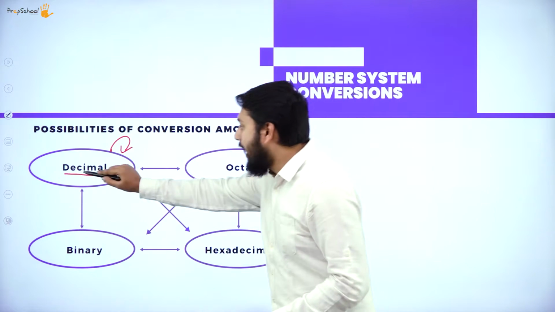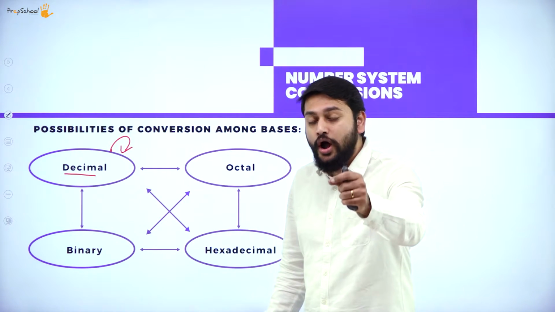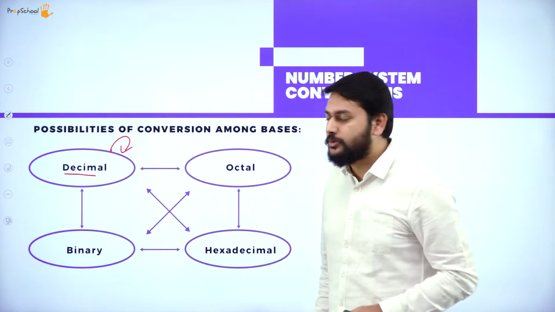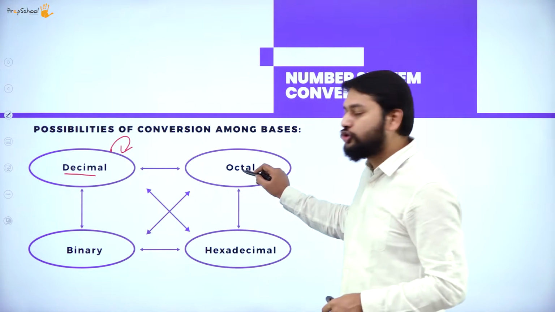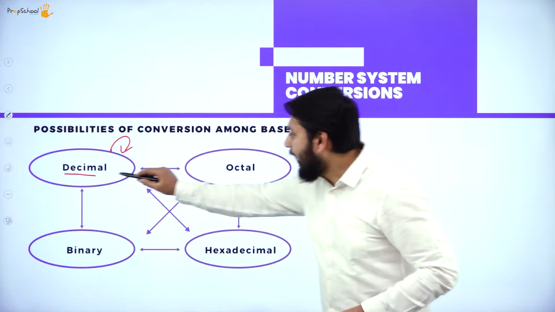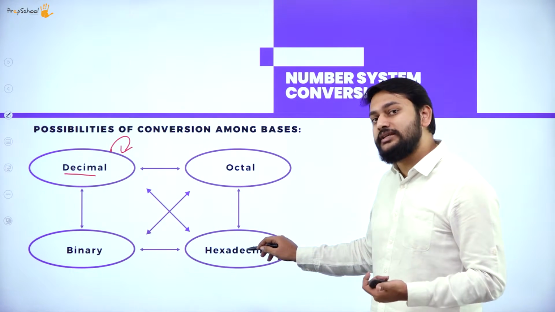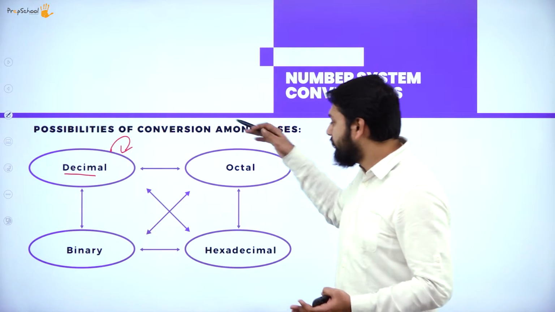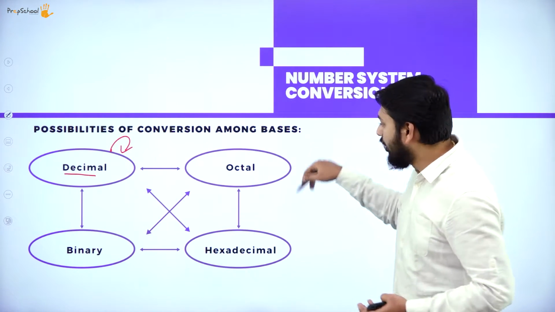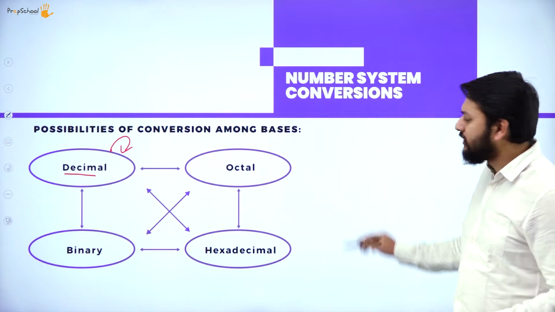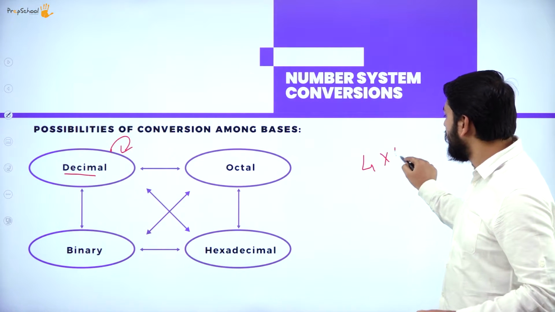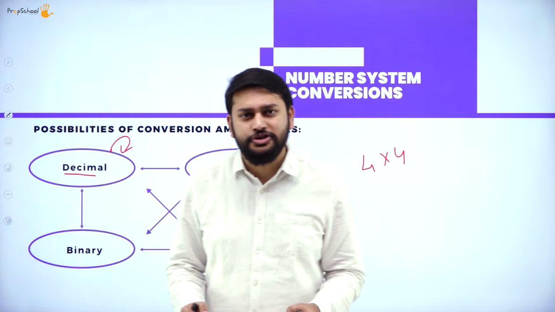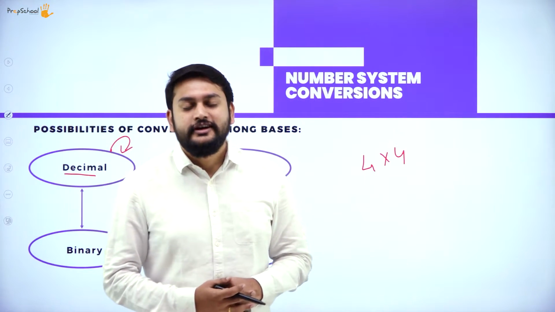So I have the decimal number system. Can I convert decimal to decimal? Yes, you can. In the same way, decimal to octal, decimal to hexadecimal, and decimal to binary, yes, I can do. So I have 4 different conversions. In total, 4 number systems are there, so 4 into 4, total I will have 16 conversions, is what you need to remember.